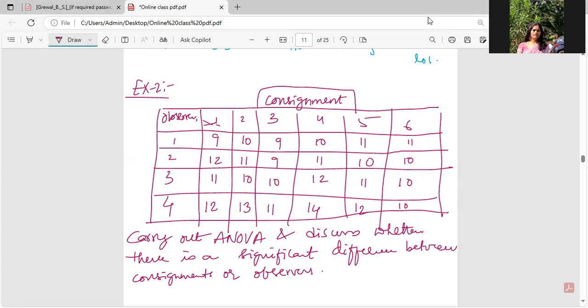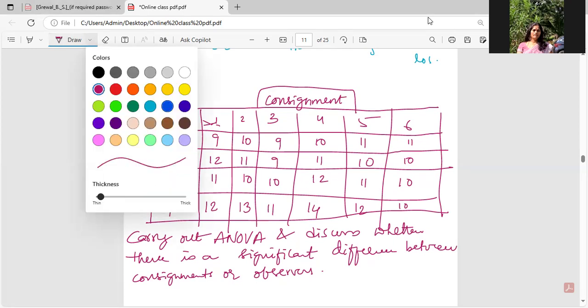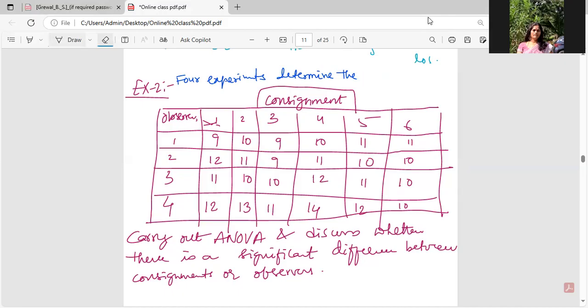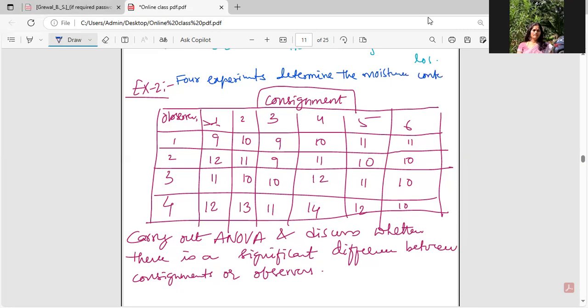I can just write here: four experimenters determine the moisture content of samples of a powder.